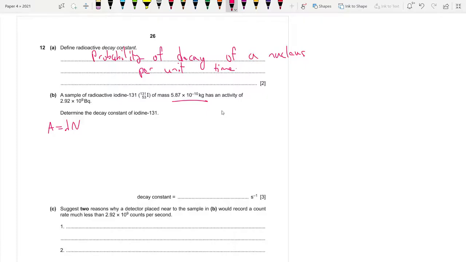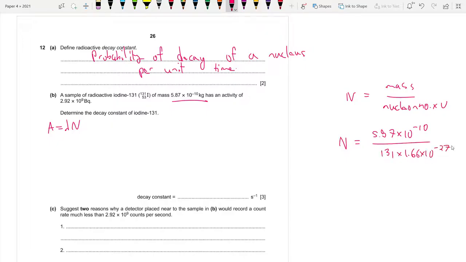So they use the formula N is equal to mass divided by nucleon number into U. This is a formula which you can use to find out N, where it's 5.87 into 10 to the power minus 10 divided by the nucleon number 131 into 1.66 into 10 power minus 27. Why is this valid? Because this is the mass of all the particles combined, and this is the mass of one particle, 131 into U.